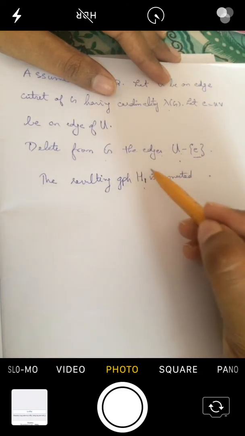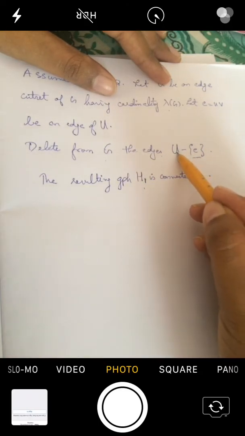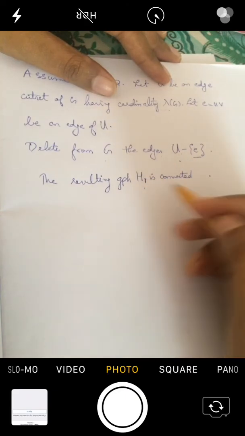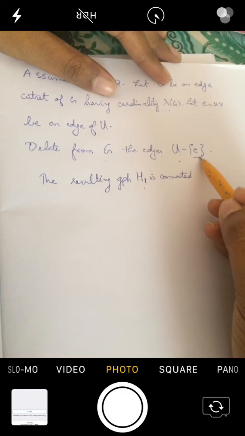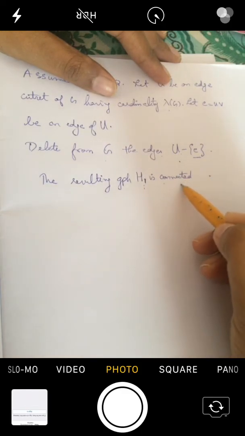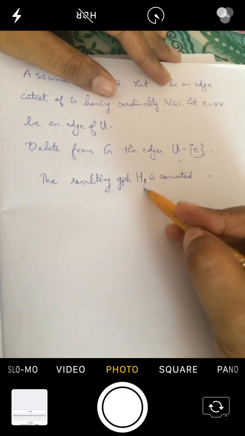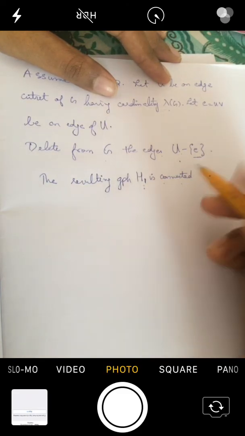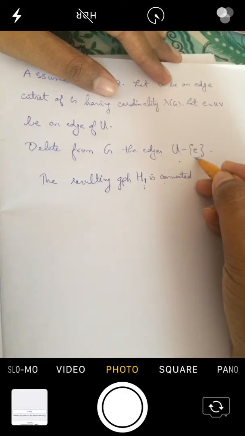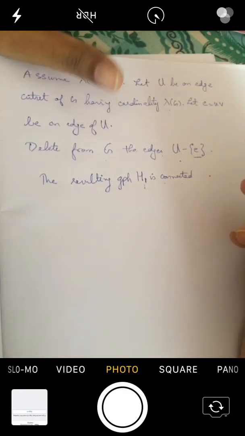When will that graph be disconnected? If we delete all the edges from U, then the resulting graph will be disconnected. But we have deleted all the edges except this edge E. So the resulting graph H1 will still be connected, and in that graph H1, that E will act as a bridge.